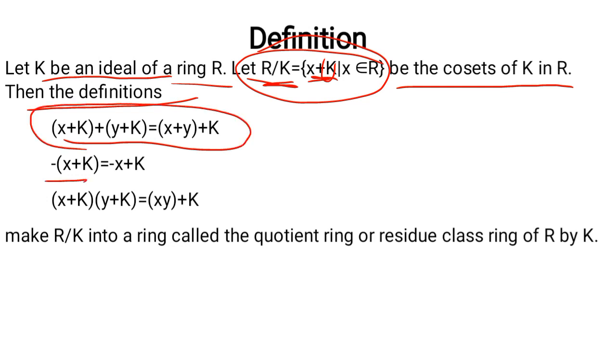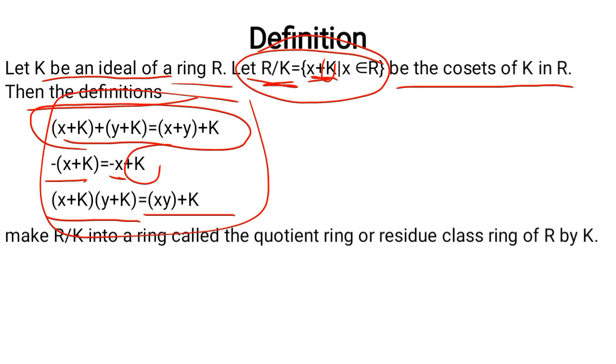The subtraction is the same as taking the subtraction of x itself plus K, the ideal itself. And if you multiply two of its elements, it would look exactly like this. So basically, this is how to multiply, add, and take the negative of an element in this particular quotient. This is how it takes its form. All its rules that govern it are so.